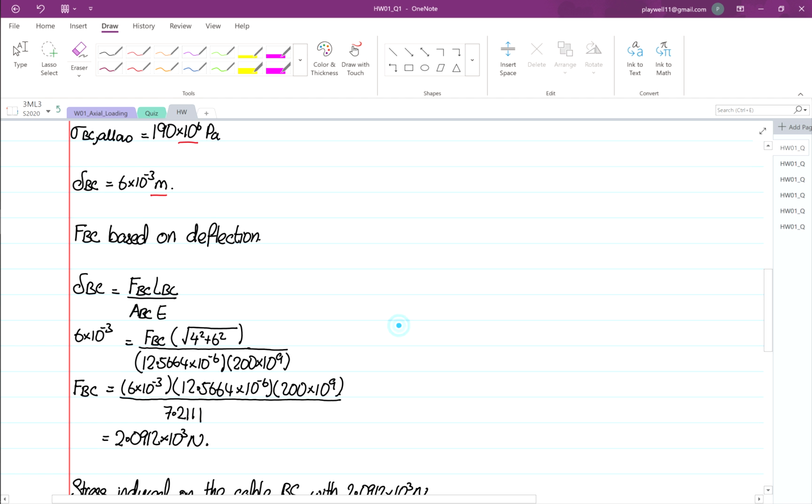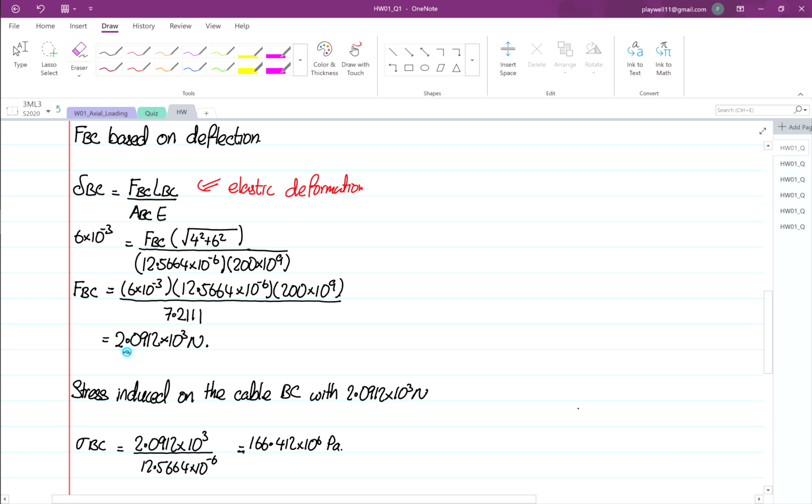You calculate FBC using elastic deformation, so this is based on elastic deformation. From here, you find that FBC is equal to 2.091 times 10 to the power 3.